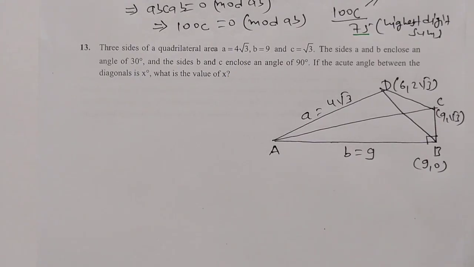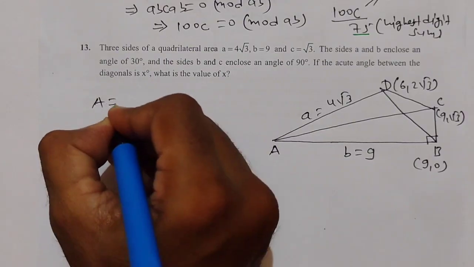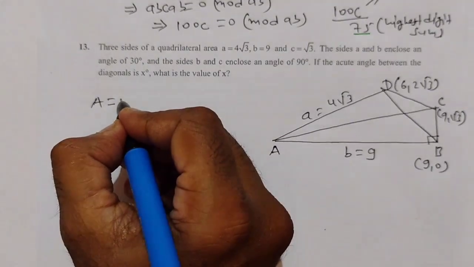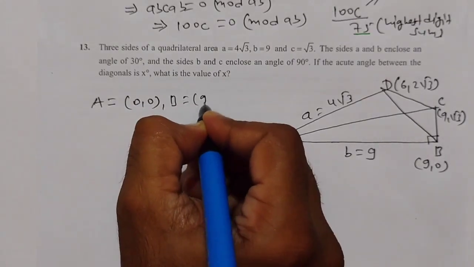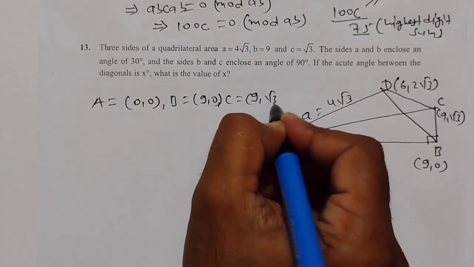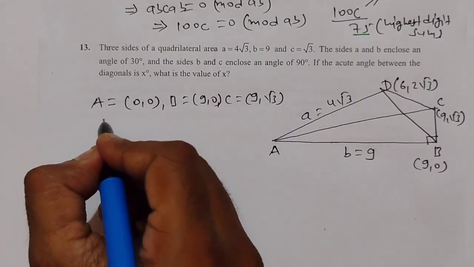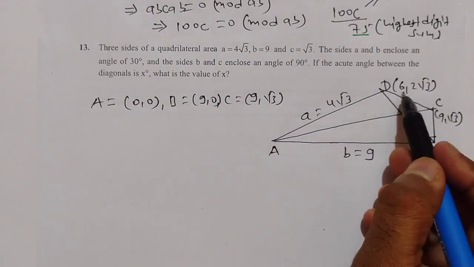So now we can write here A, we have 0, 0, B as 9, 0, C as 9 and square root of 3, and the value D we have 6 and 2 root 3.